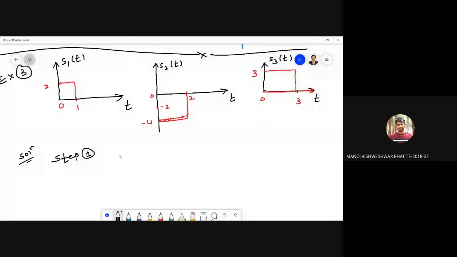Sir, integration from 0 to t of S1 square dt. Okay, 0 to t integral, right? S1 square of t into dt. With respect to that, what can I write here? E1.